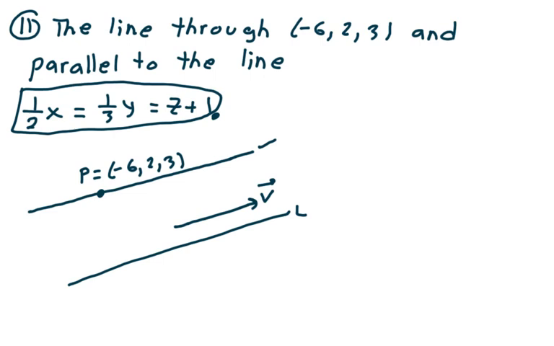Now this is what I'm going to do. It might be easier to view this equation as parametric equations, and we could do that fairly quickly. I'm going to set 1/2 x equal to t, 1/3 y equal to t, and z plus 1 equal to t.